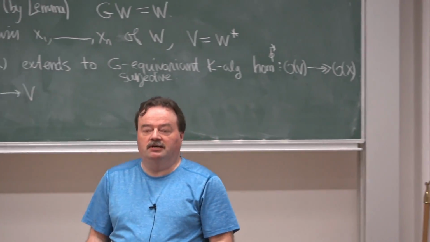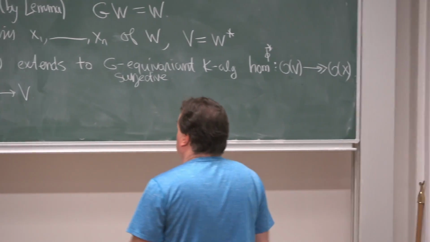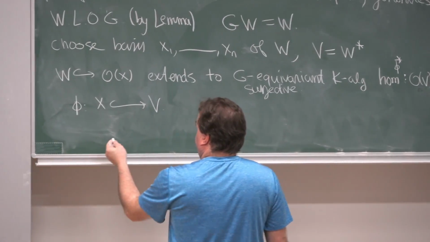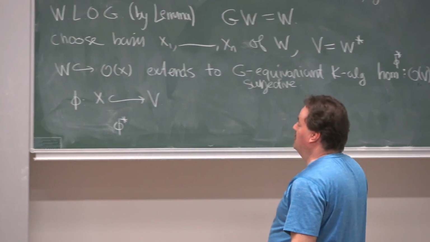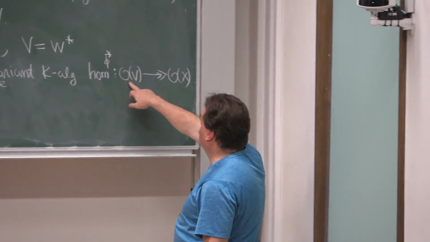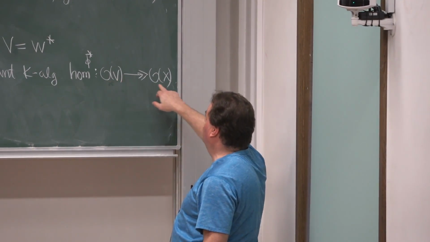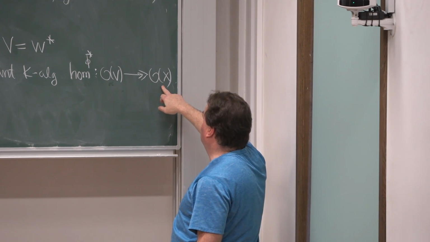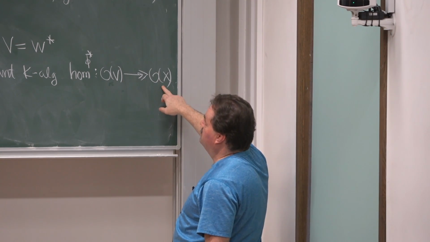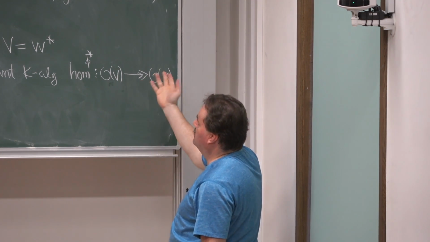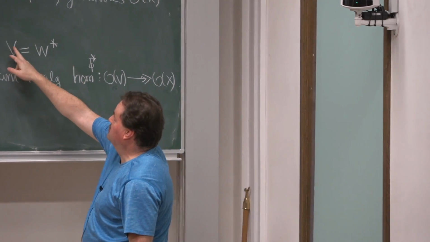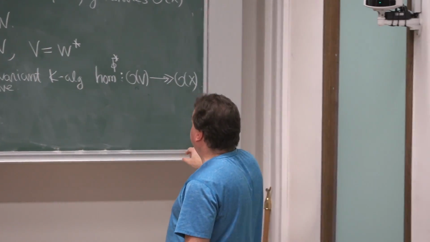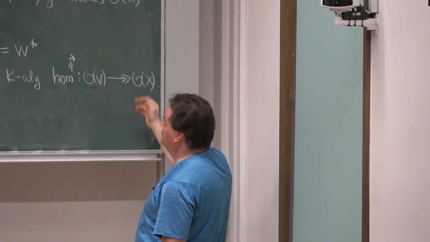This is nice because, for example, if we look at this phi star, this algebra homomorphism goes from this polynomial ring to O(X). And G also acts on this vector space V. So this is exactly the situation we're in.